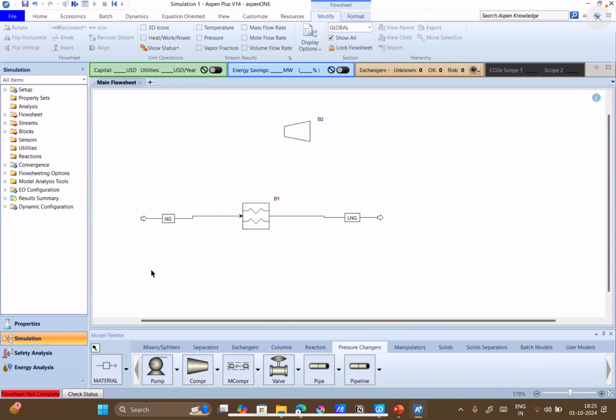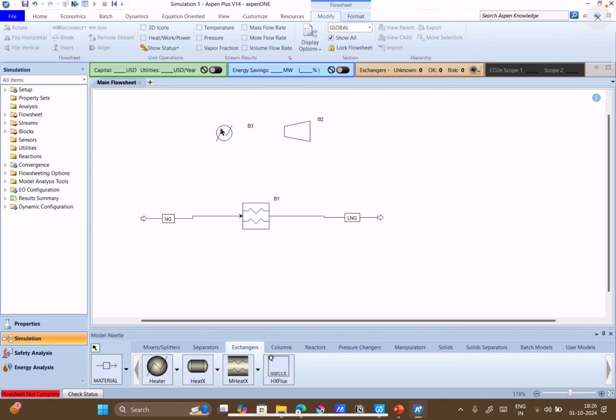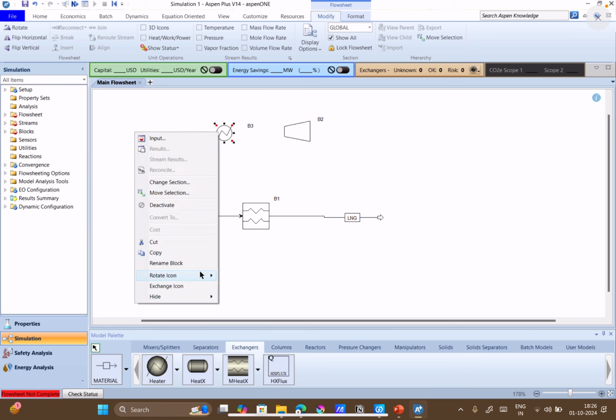So now we have to create the refrigeration cycle. Okay, so from the compressor, the high pressure vapor will be further cooled down via a heat exchanger. So here sea water heat exchangers are given. Okay, just to rotate it.